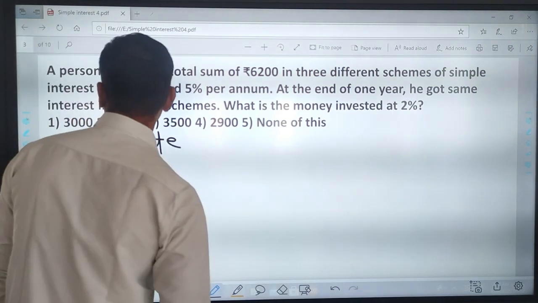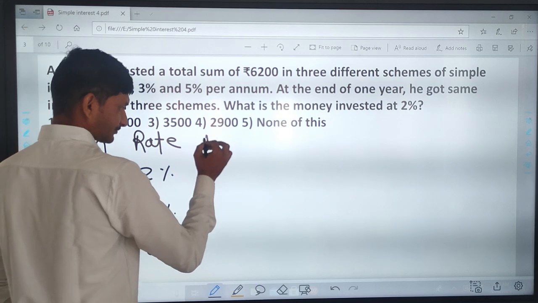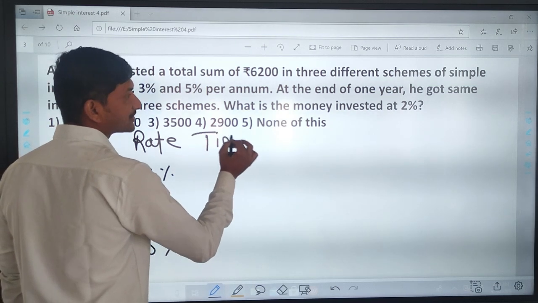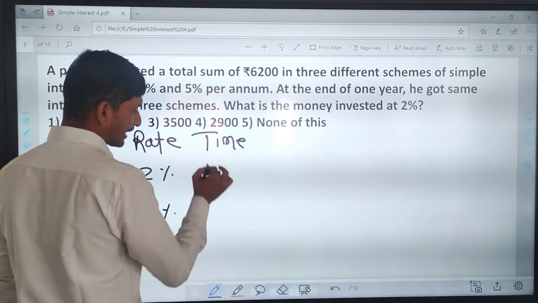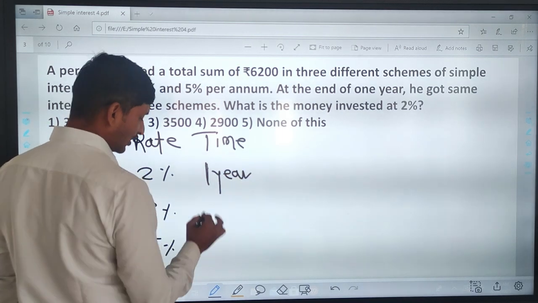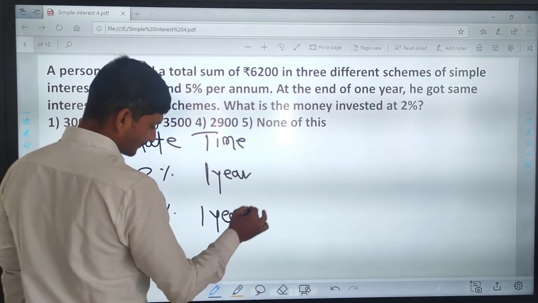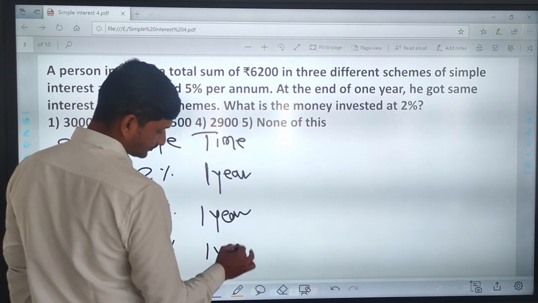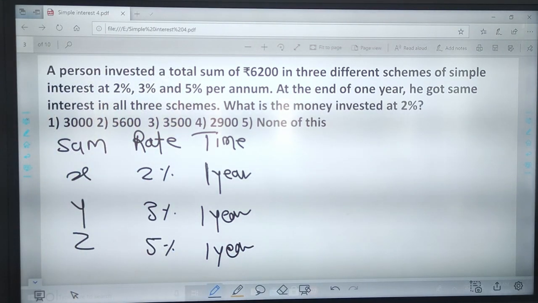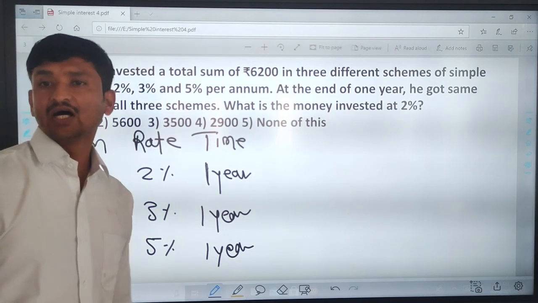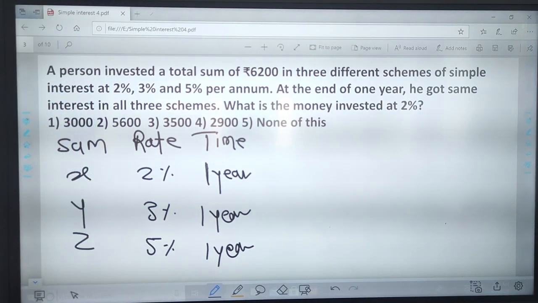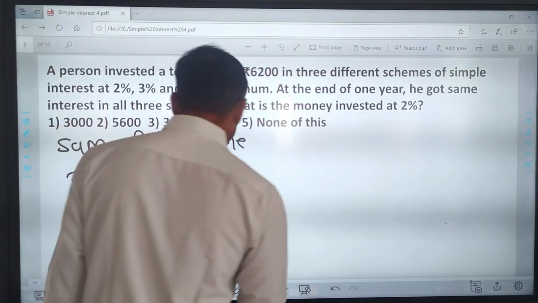Then the time duration is 1 year, 1 year and 1 year. Now here after 1 year the interest is the same.